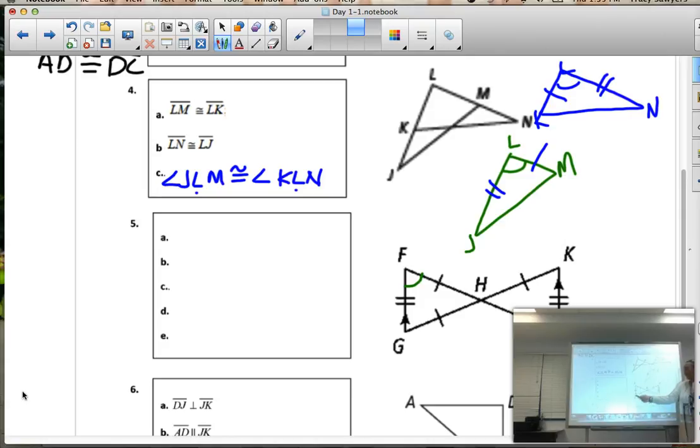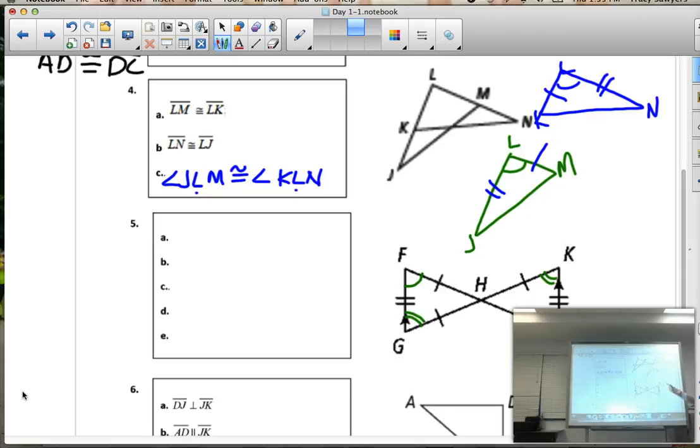So, since I have another transversal here, which other angles can I mark as being congruent? FGH, and JKH, thank you. You notice I'm putting 2 arcs.